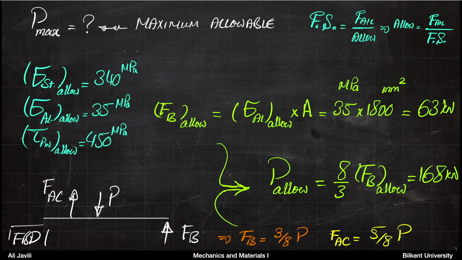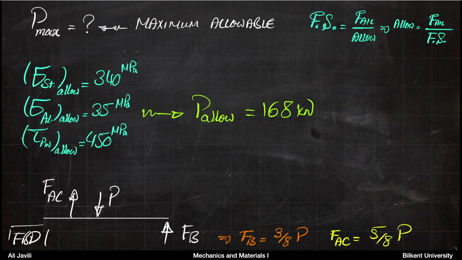So all you have to do is to insert FB into this equation, and based on that, you can calculate the allowable force such that that particular member would be safe. So if you do that, essentially you find out that P must be maximum 168 kilonewton, such that the support at B doesn't fail. Okay, so that's that.